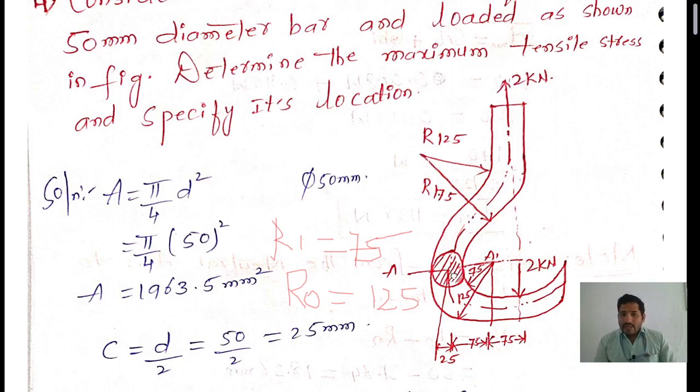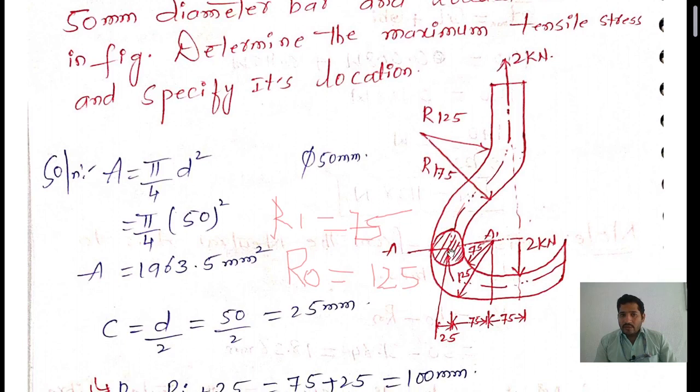The circle diameter of this crane hook is given as 50 mm. This is the section, and this line is the centroidal axis line.